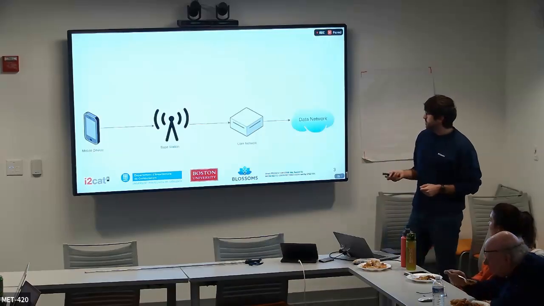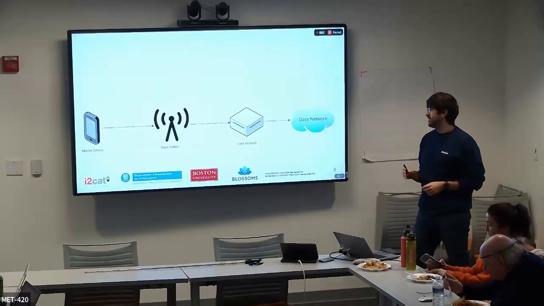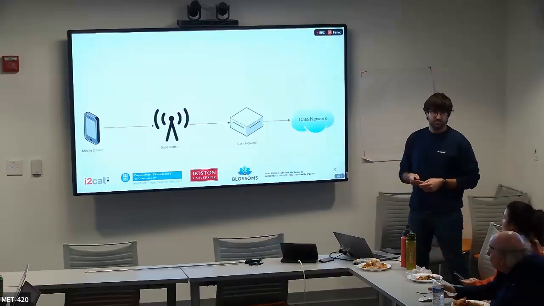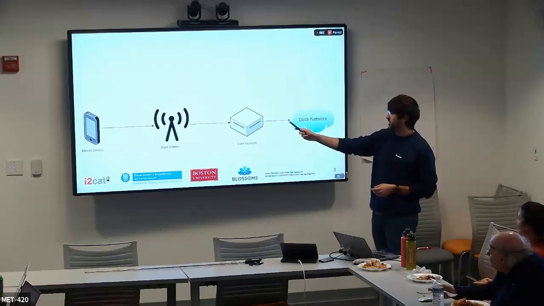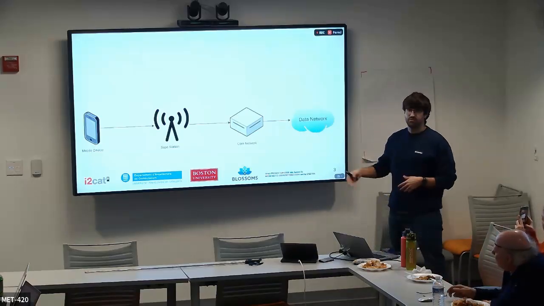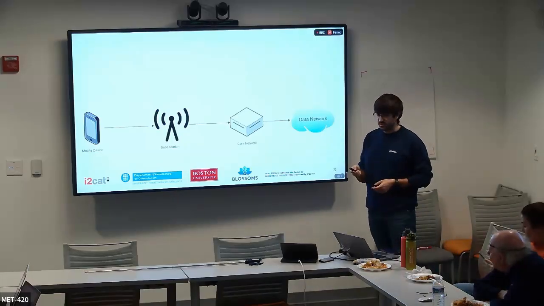So let's get started. This schema, which you will see many times in this presentation, is the standard deployment of mobile networks. We have a mobile device that connects to a base station, which connects to the core network of the operator, and then eventually you reach the data network or the internet.